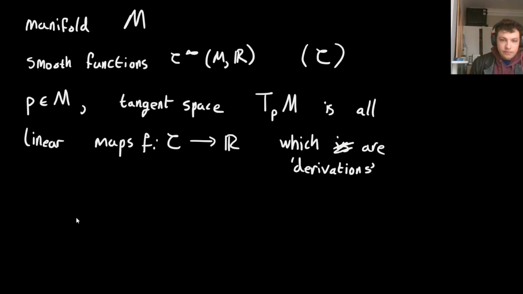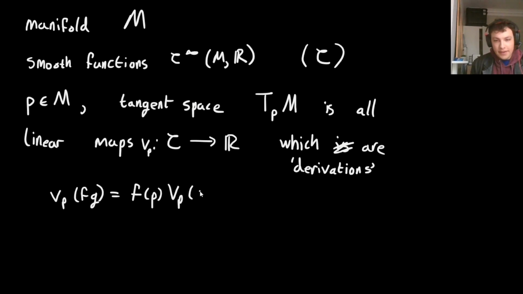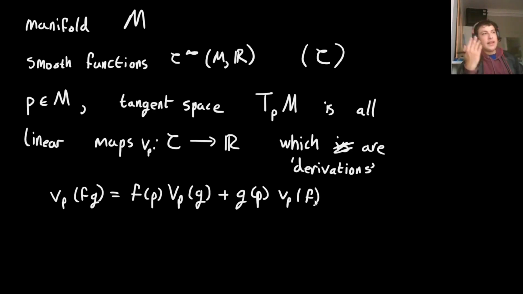We're going to call this V_P because it's a tangent vector at P, and so V_P of FG is going to equal F evaluated at P, so that's just a number, times V_P acting on G, again just a number because V_P is a map into the real numbers, plus G evaluated at P times V_P acting on F.